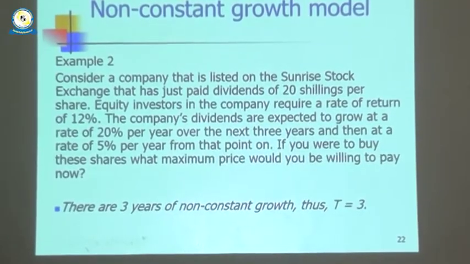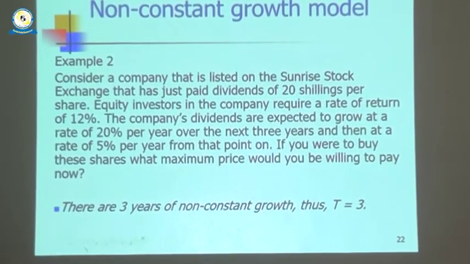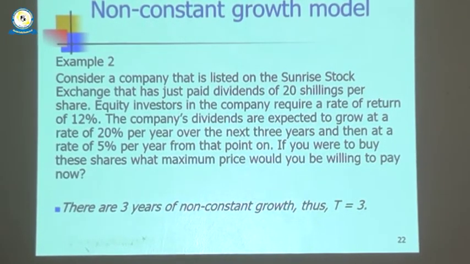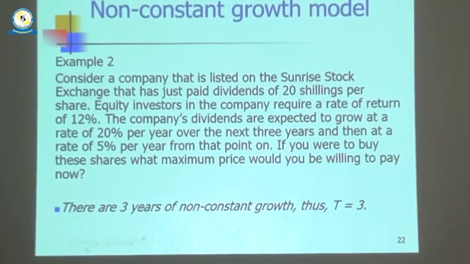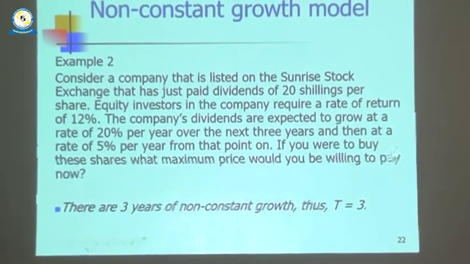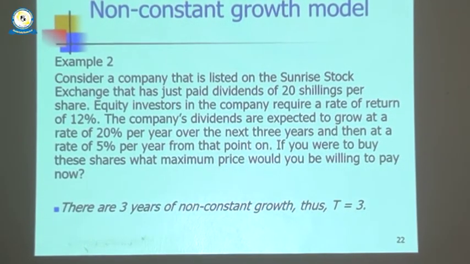The company's dividends are expected to grow at a rate of 20% per year over the next 3 years. Only 3 years. And after that, a rate of 5% per year from that point on. It means that we have two growth rates: the first one is 20% for 3 years, and 5% for the remaining period.